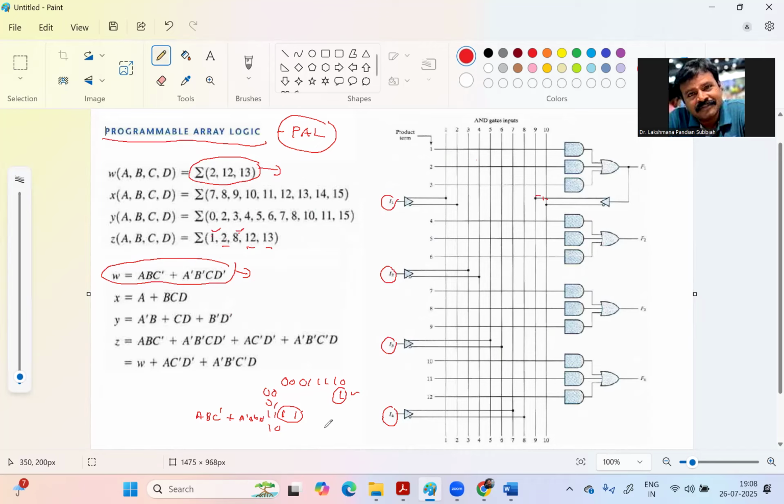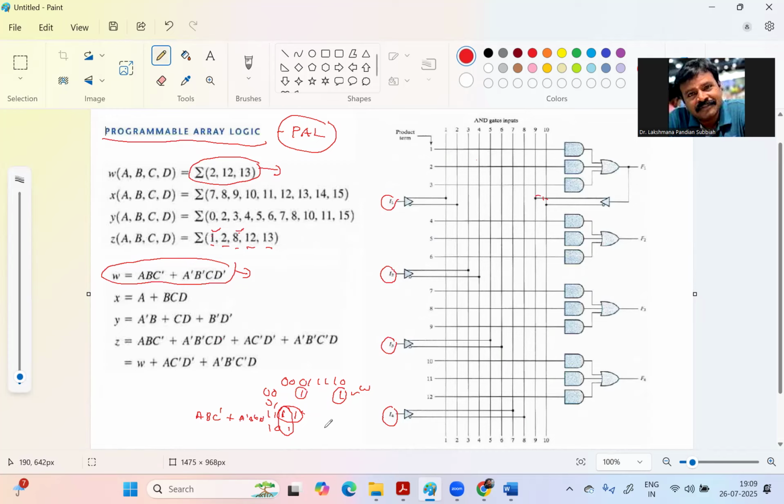Now we also have 1 and 8, which we have to add with 2, 12, 13. So this is 1, this is 8. For this we write the function, and for these two we have W. Here we can have a pair and a separate one.